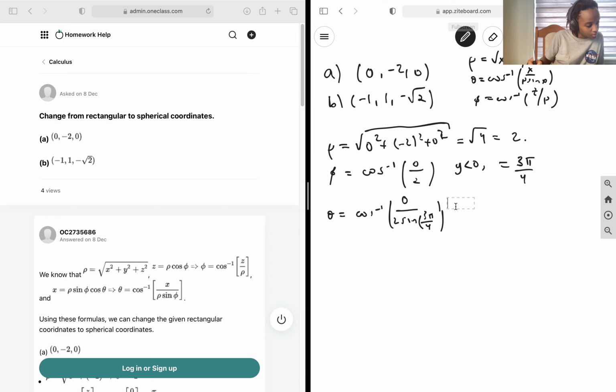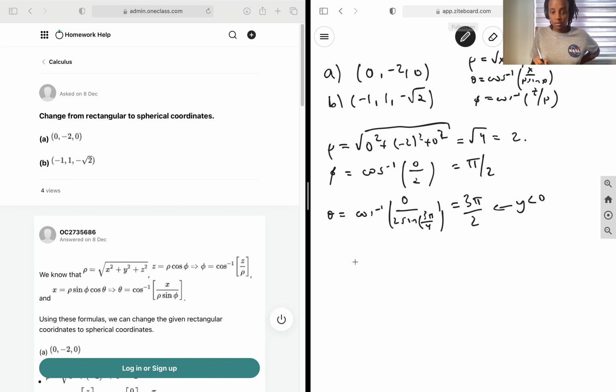And that's going to be equal to, sorry, I think I made an error here. This here is pi over 2. That's cos inverse of 0 is pi over 2. And this here is going to be 3 pi over 2, and this is due to the fact that y is less than 0.